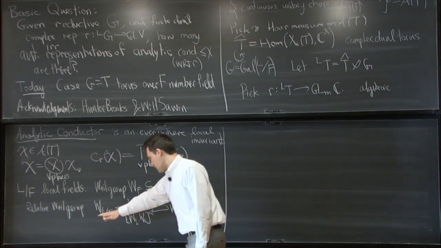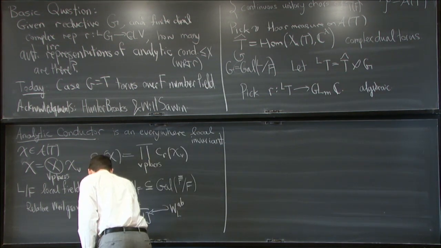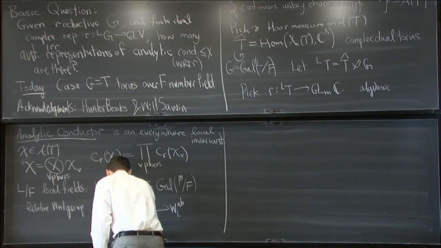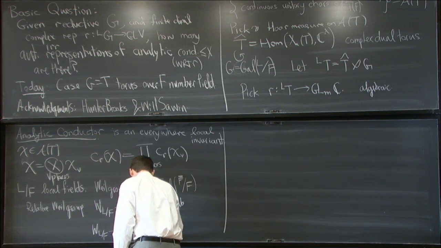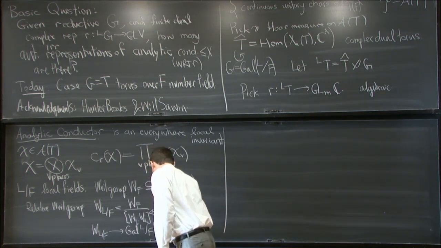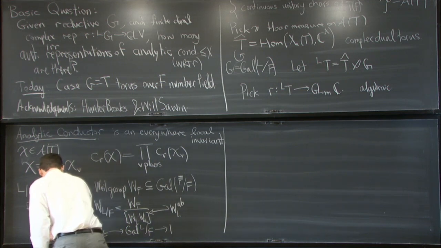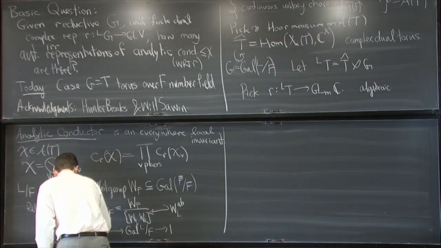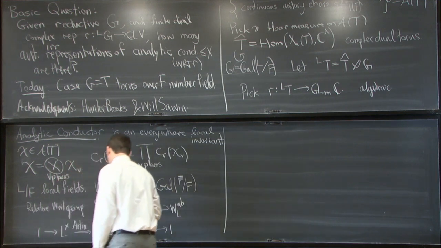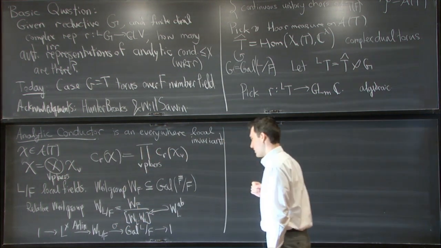A nice way to think about this relative Weyl group is as a group extension. So W_{L/F} is an extension of the Galois group of L over F by L^×, where this is the Artin map. I'm going to give this projection map a name. It's called sigma.